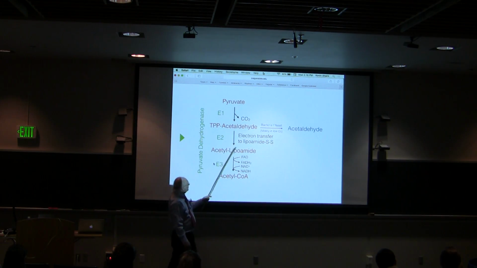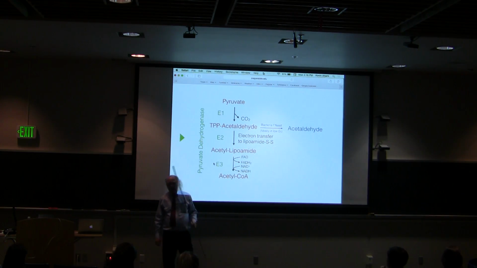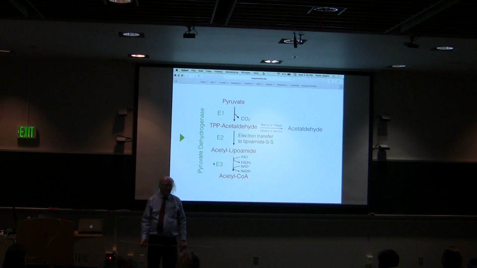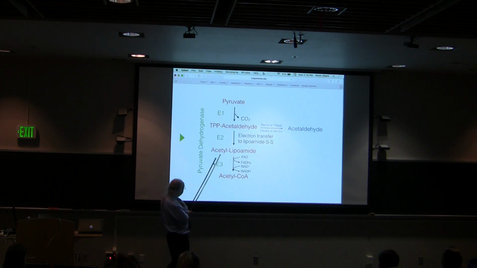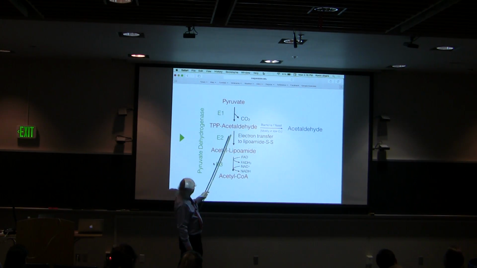And the electrons actually go to this lipoamide, which contains a disulfide bond. So TPP is transferring and oxidizing acetaldehyde to lipoamide to make this acetyl lipoamide.